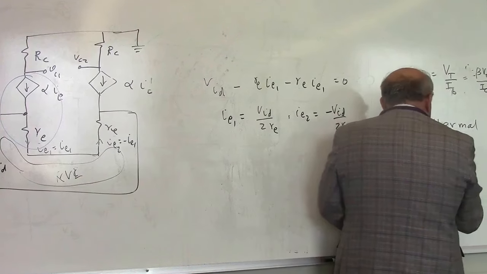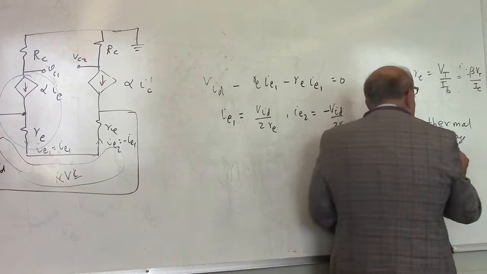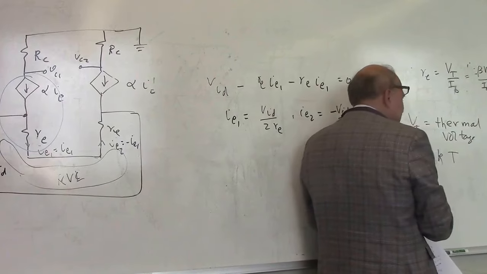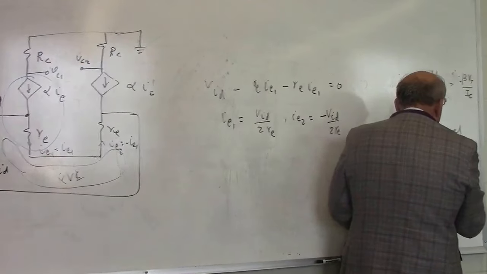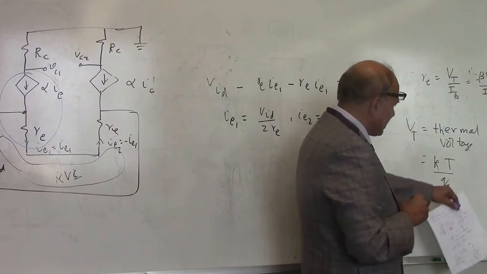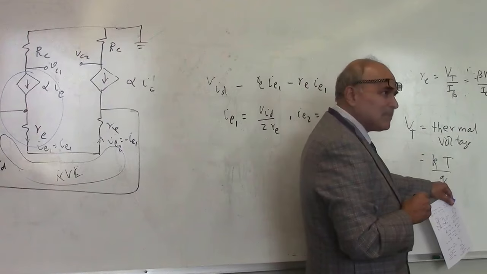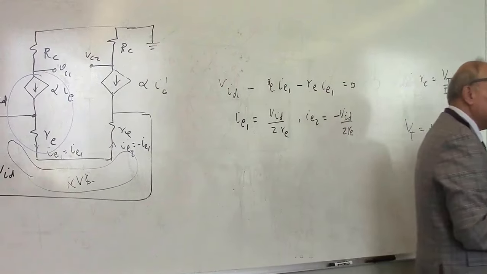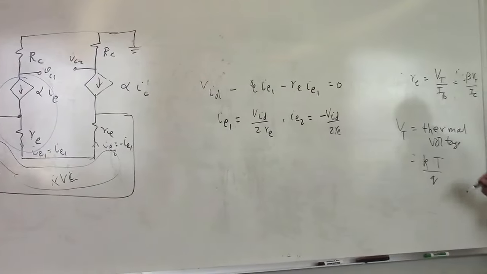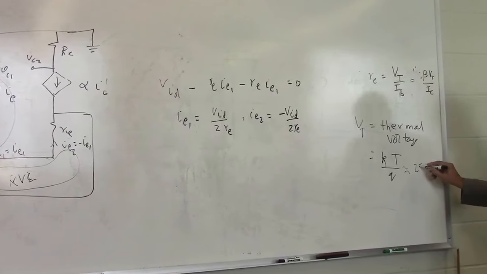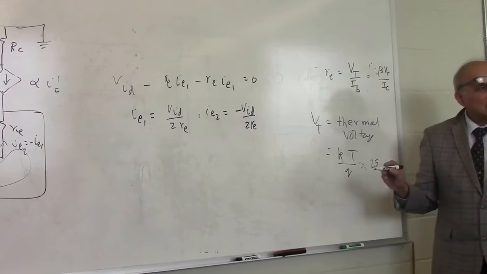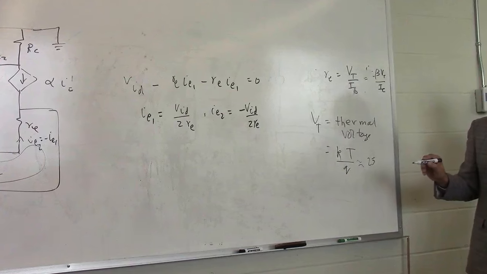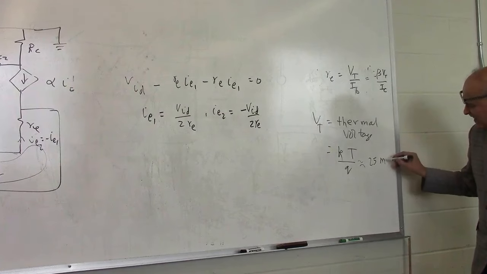Its magnitude is K, where K is the Boltzmann constant, multiplied by the absolute temperature in Kelvin, divided by the electronic charge, which is 1.6 times 10 to the minus 19 coulombs. If you measure this at roughly room temperature of 27 degrees or so, it comes out to be approximately 25. What are the units? Millivolts.